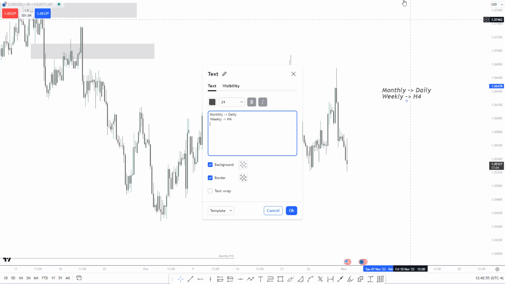For daily, it's going to be H1. For H4, it's going to be M15. For H1, it's going to be M5. And for M15, it's going to be M1. Okay, so these are the time frame alignments.